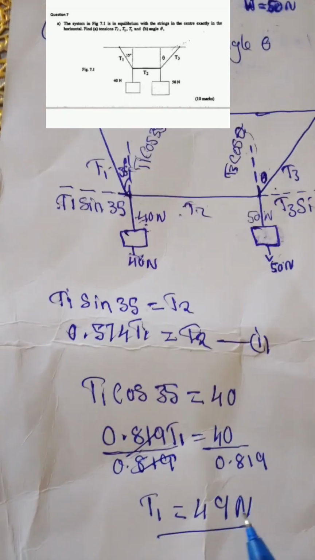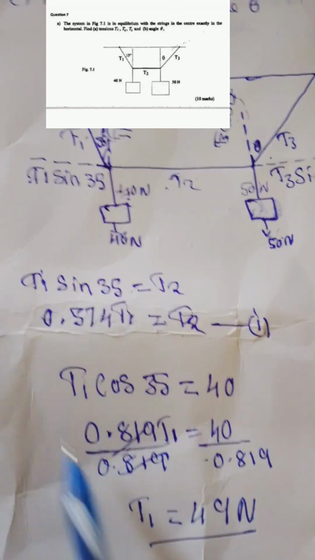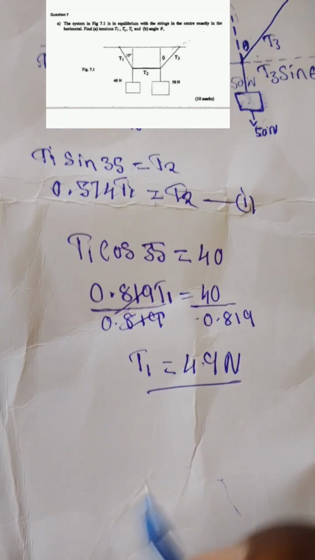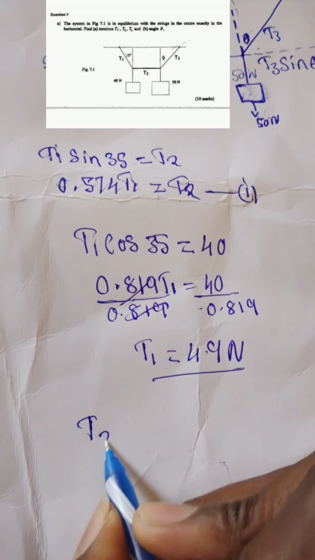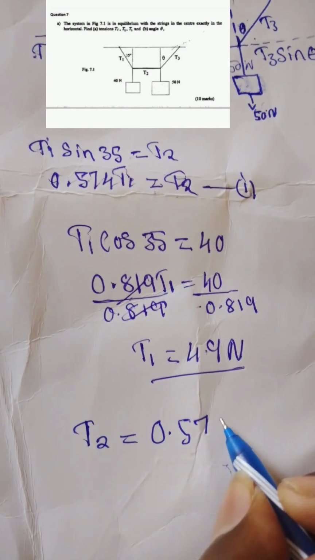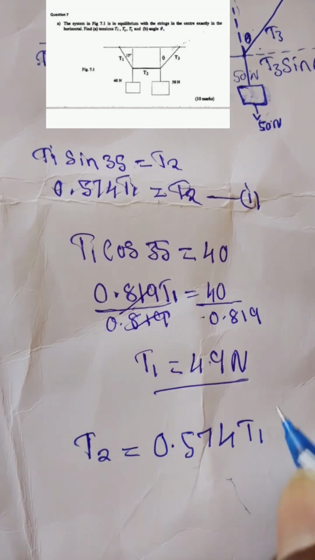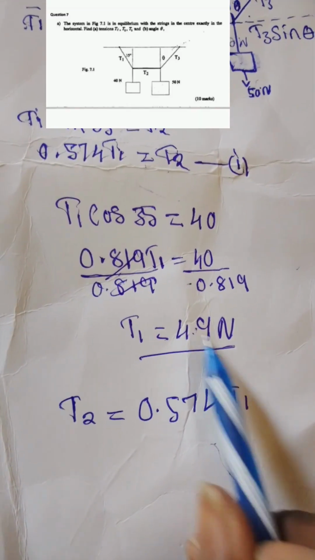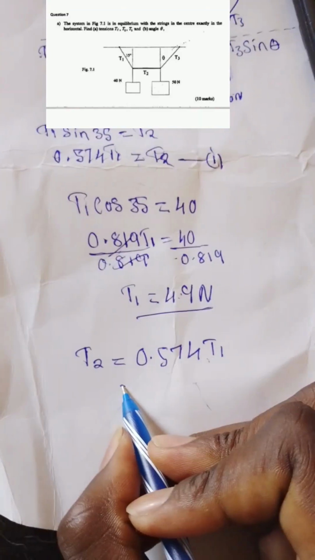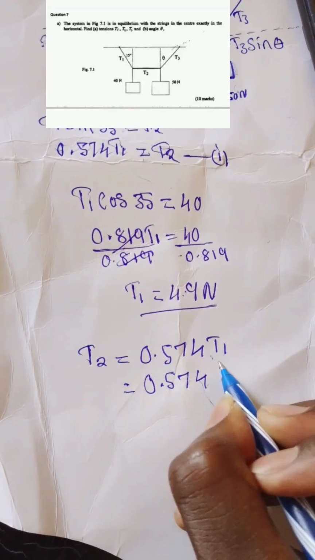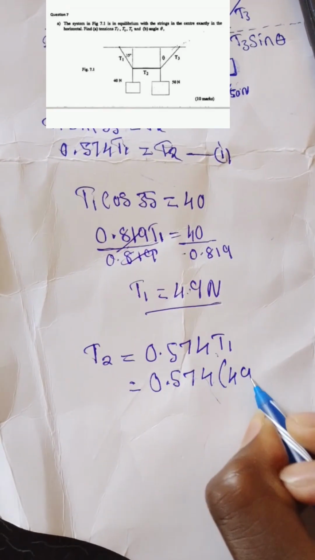So we found T1. Now let's find T2 by putting this 49 here. So we write T2 is equal to 0.574 T1, from equation 1, right? And then put 49 where there's T1. So it will be equal to 0.574 multiplied by 49.